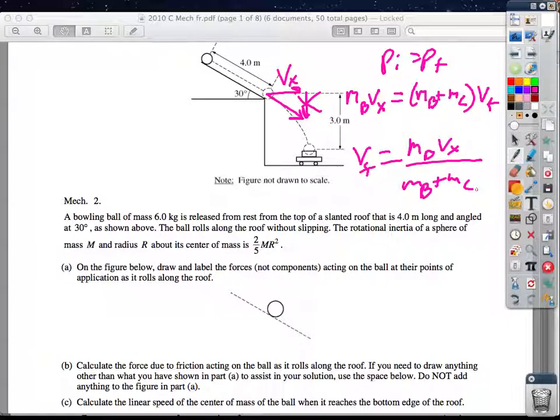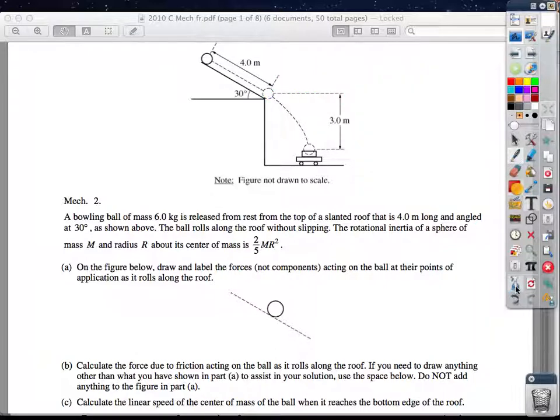The two things stick together. Elastic bounces, inelastic sticks. Okay, questions? Mass of the car and mass of the ball, and then all right.